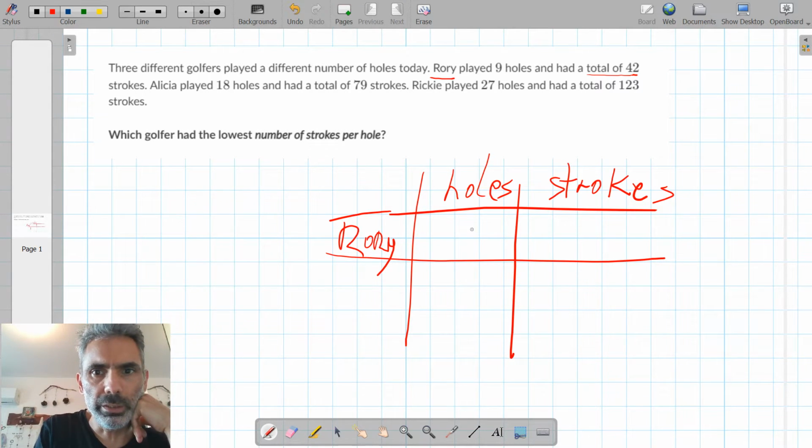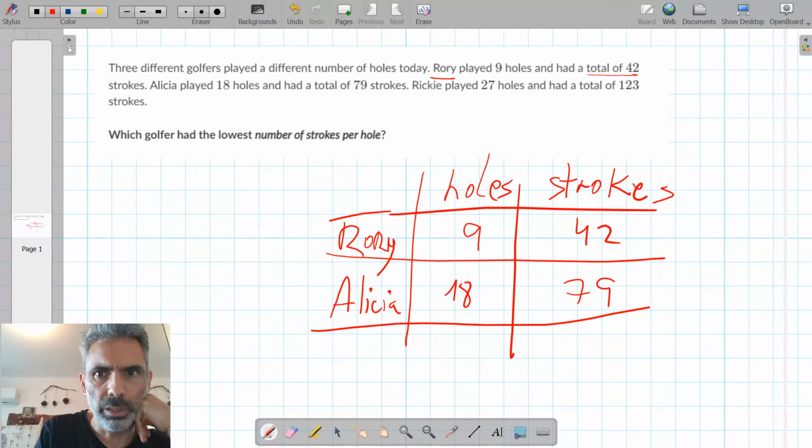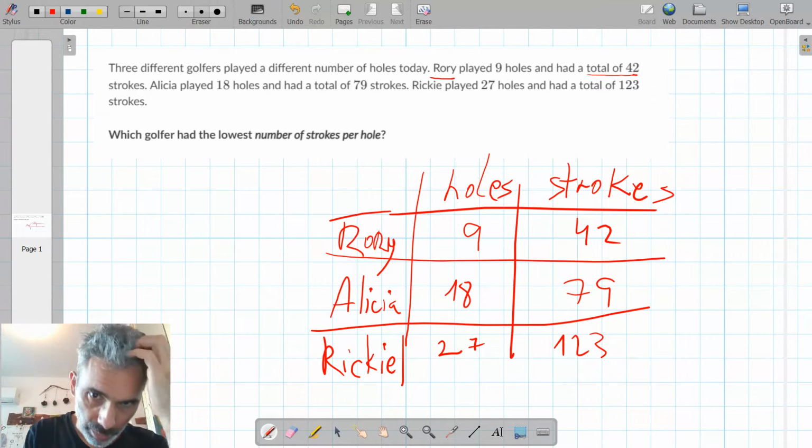For Rory, it is 9 holes and 42 strokes. For Alicia, it is 18 holes and 79 strokes. And for Ricky, it is 27 holes and 123 strokes.